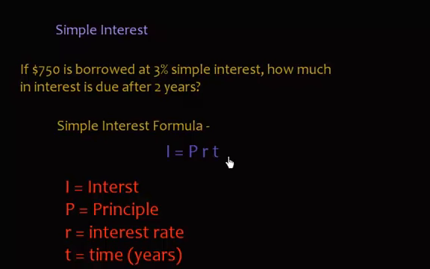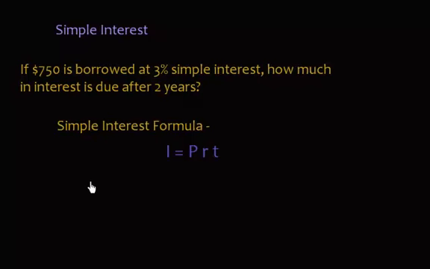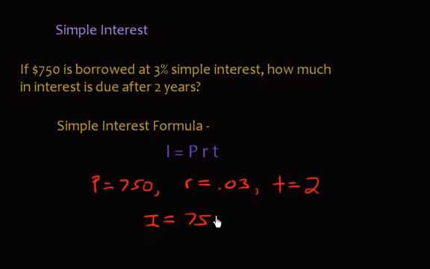So let's take a look at this example. We have a principal or amount borrowed, which is P, which is going to be $750. We have an interest rate, which is 0.03. All interest rates, when using them in calculations, should be written as a decimal. And then we have T, which is the number of years, which in this case would be 2. And so the amount of interest is going to be 750 times 0.03 times 2.